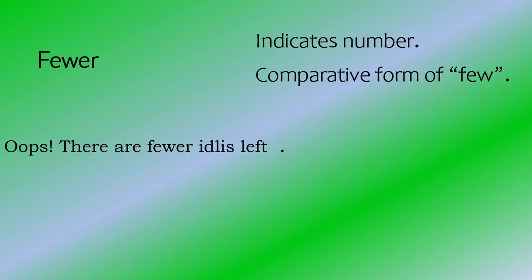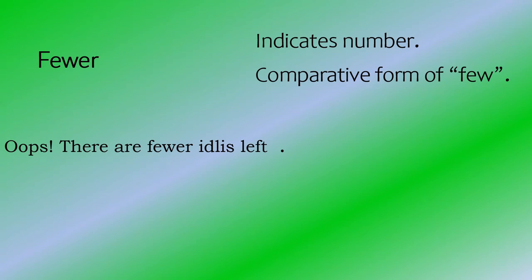We can go for an example. Oops, there are fewer idlis left. See, idlis is a countable noun. We can count it as 1 idli, 2 idlis, 3 idlis, and so on. Fewer gives us an idea of number of the particular noun, idli.